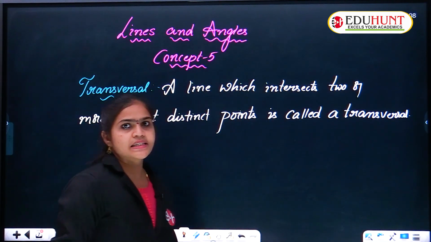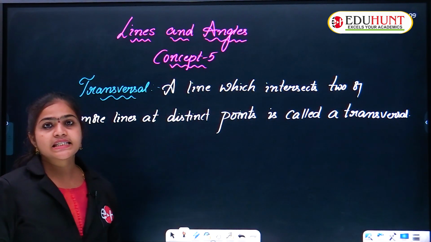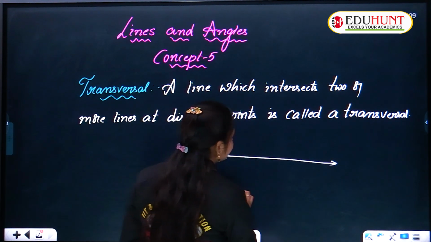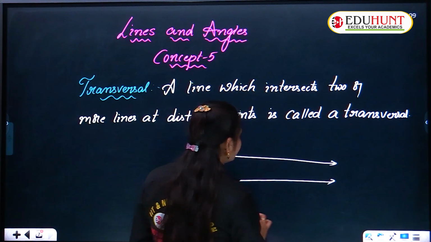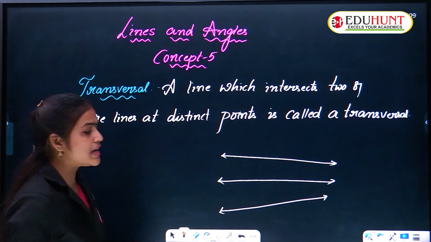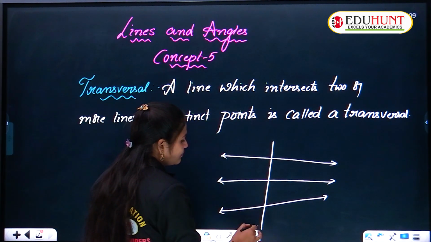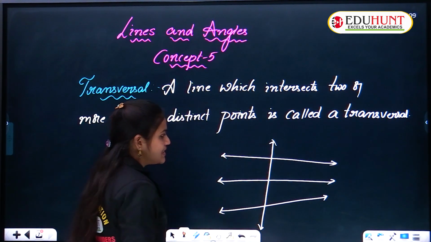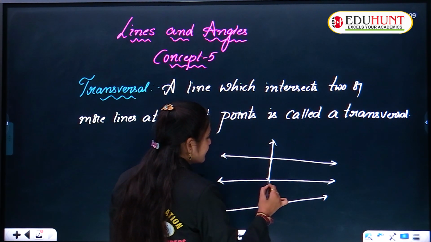Understood? Now here it says a line which intersects two or more lines. See here, this is one of the lines, this is another line. I have just taken three lines here, and these three lines are also intersected by a line, a line which intersects three different lines at three different points.